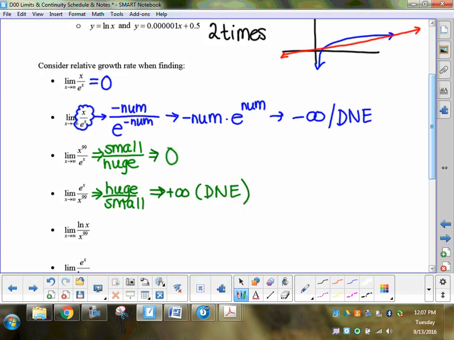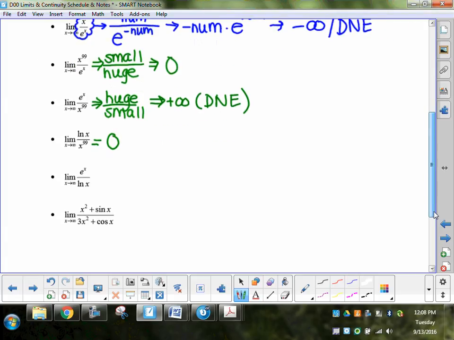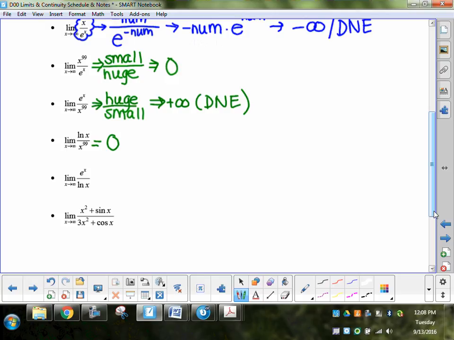It depends, because again, it's not going to a number. What about for the next one? Natural log of x over x to the 99. That numerator is going to grow really, really slowly. How about the next one?